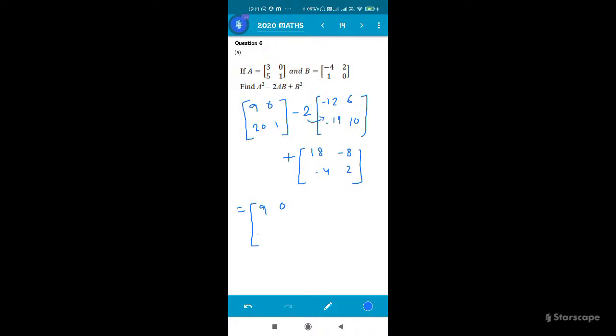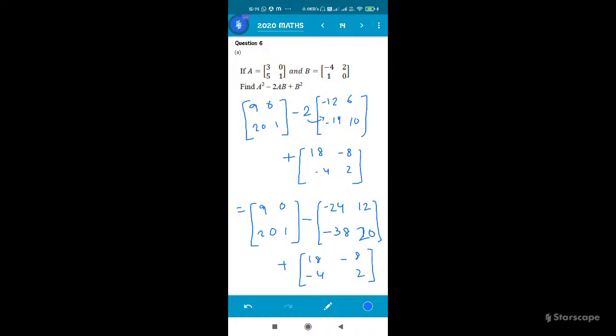So 9021, or you can just keep the minus sign outside and multiply the 2 inside. That will be better. So you're getting minus 24, 12, minus 38 and 20, plus 18, minus 8, minus 4, 2.